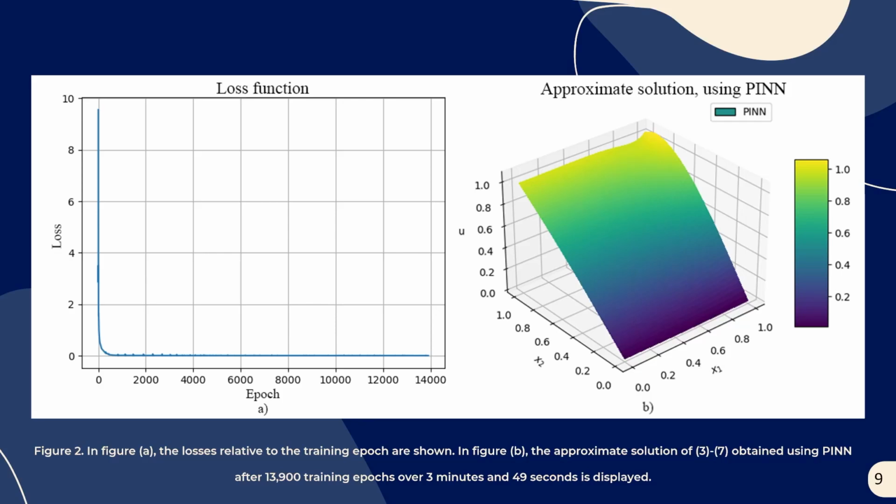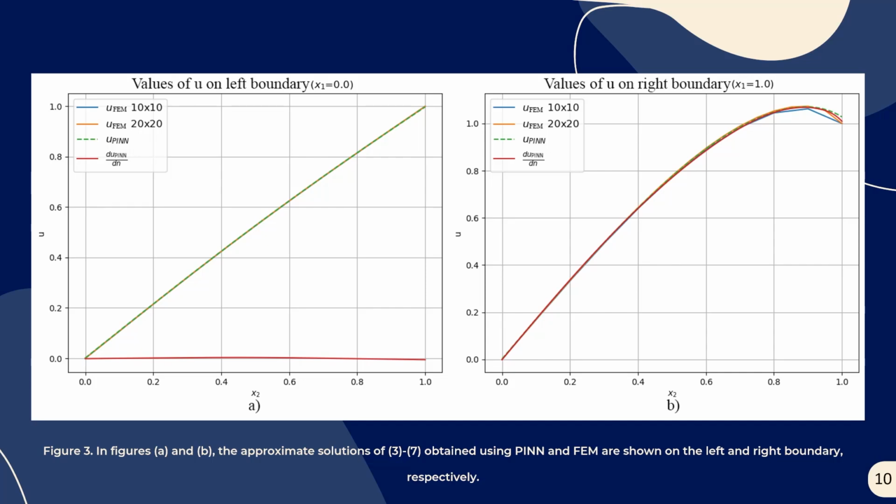Here we can see the loss function for the problem and the approximate solution of it, obtained after 13,900 epochs over 3 minutes and 49 seconds. The approximate solution obtained by FEM and PINN is shown on the left and right boundary, where we set Neumann and Robin boundary conditions.